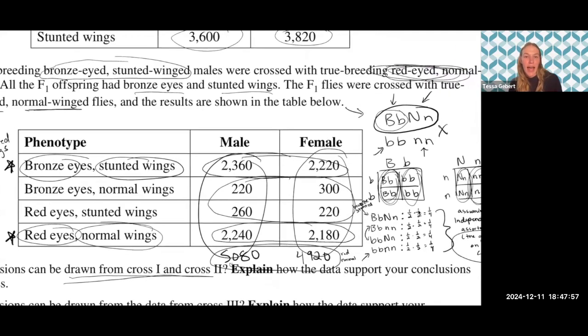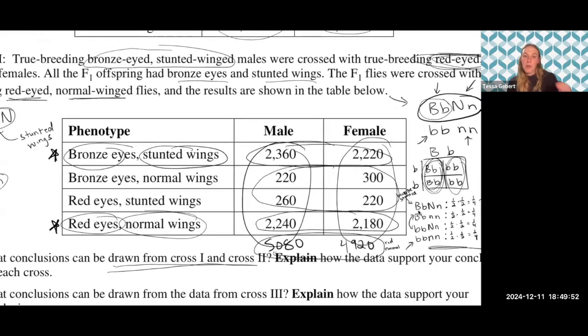If I see a very high proportion of those, which is approaching 50%, then I have really good evidence they're on the same chromosome. Now, if they're on the same chromosome, they are not going to segregate independently. They are going to be together. And so if I see a high proportion of parental phenotypes, I am very confident that these two genes are on the same chromosome. So eye color, in this case, and stunted wings / normal wings, are on the same chromosome.